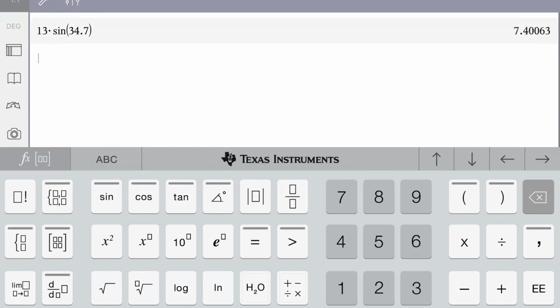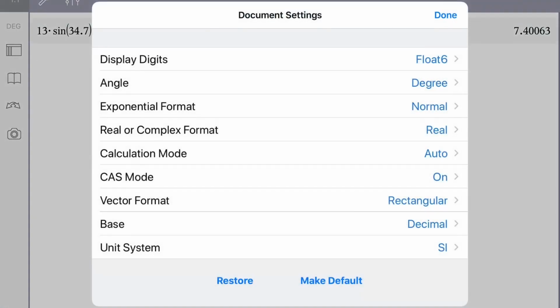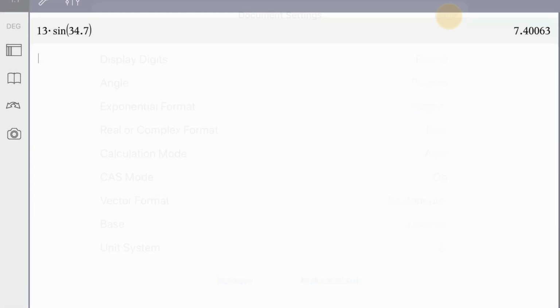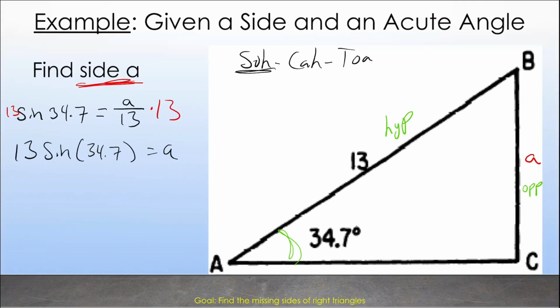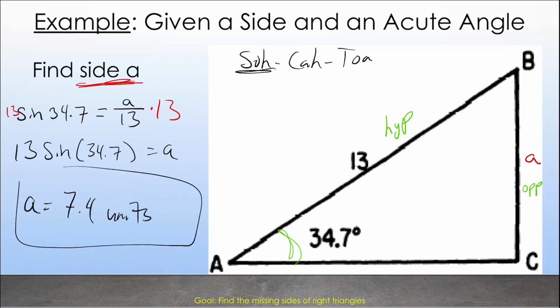We'll find out really quick. 7.4, that's definitely a radian number. So we need to go to settings. Oh, my angle is in degrees. Oh no, that's a side, so that makes sense. Okay, 7.4. So we know that A is equal to 7.4 units long. Okay, we're in degrees. Perfect.